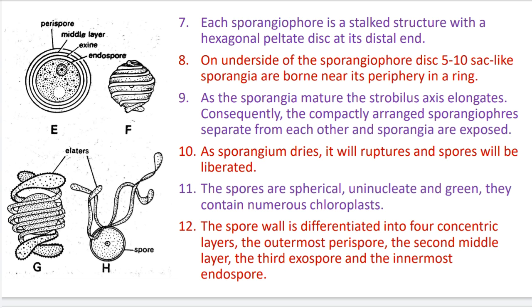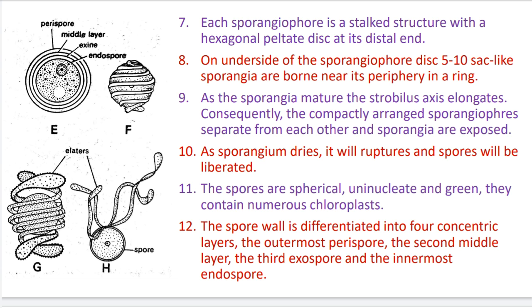You see in the diagram, diagram E shows the single spore, diagram F shows the single spore covered by the elaters. In diagram G, the elaters are loosened from their union.